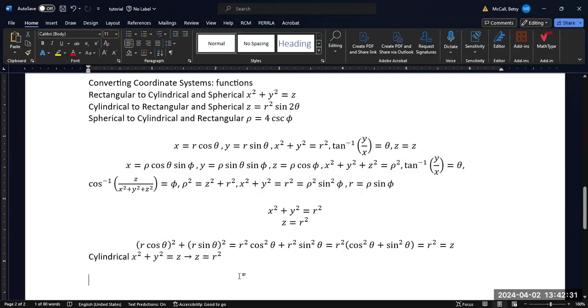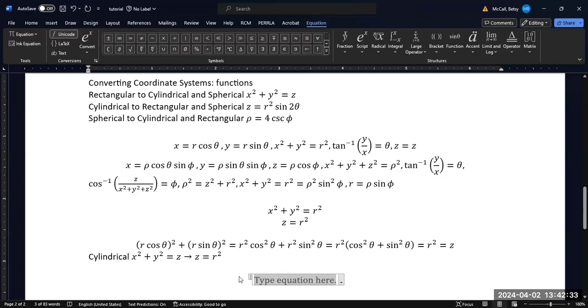That would be very straightforward. In this case, we would just end up with rho squared sine squared phi is equal to z, which on the other side would be rho cosine phi.